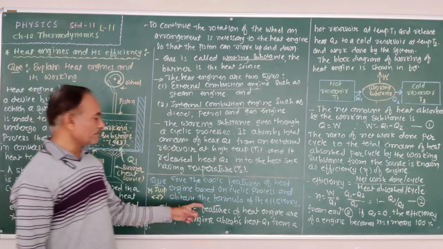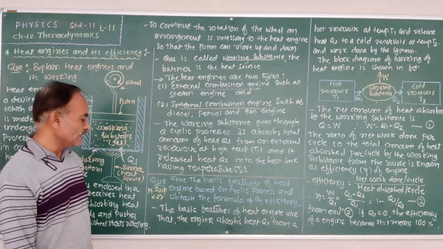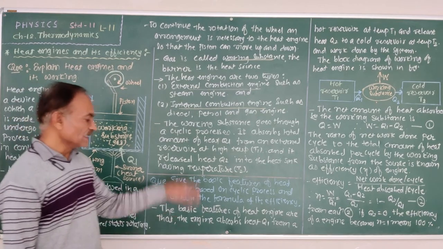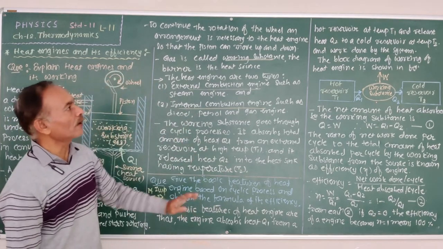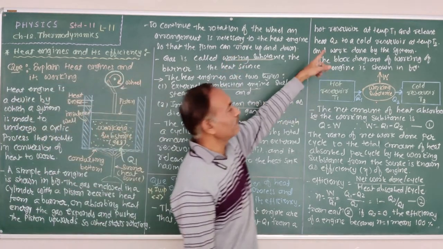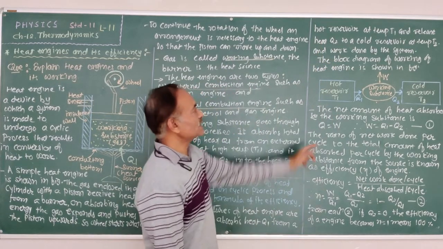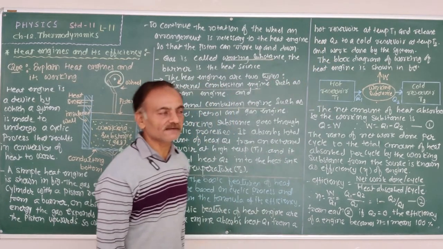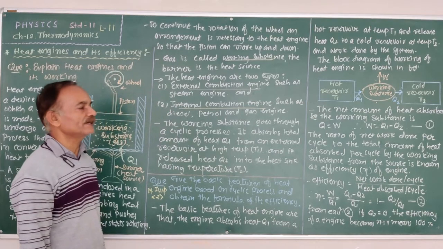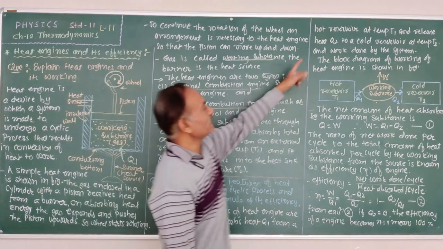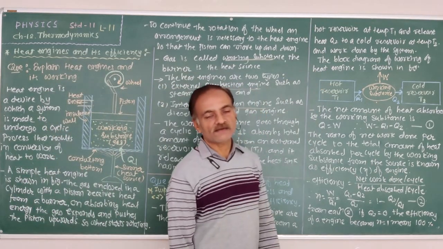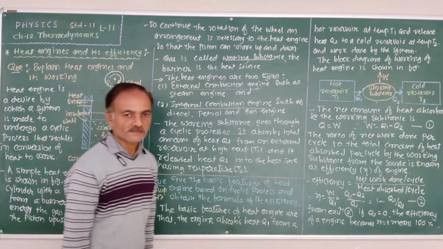Now, the basic features of the heat engine are that the engine absorbs the heat Q1 from the hot reservoir at temperature T1 and releases the heat Q2 to a cold reservoir at low temperature T2, and work is done by the system.